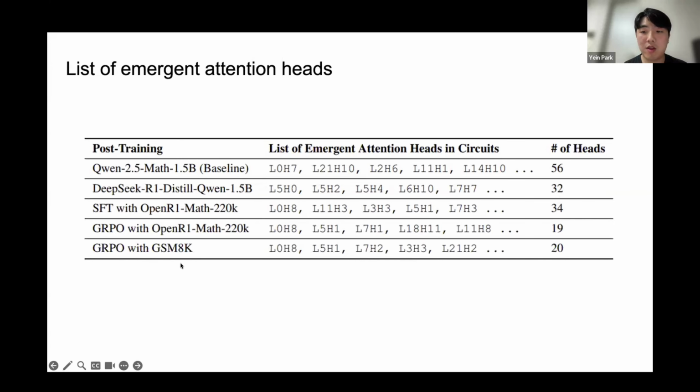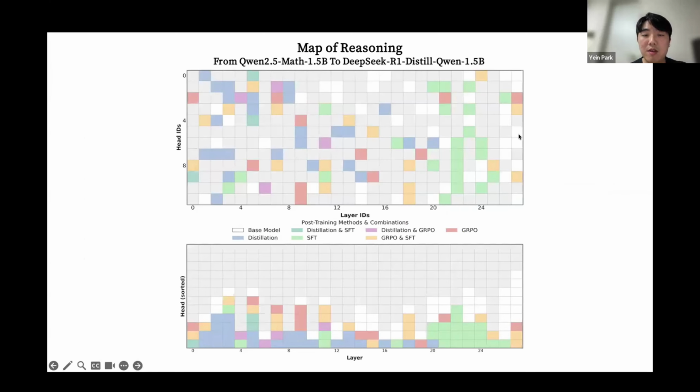Like GRPO with OpenR1 only introduced 19 heads for reasoning, and they are only shown in this kind of model-specific circuits. And we mapped it in this huge map. We named it a map of reasoning, which is mapping all the emergent heads in circuits for each different post-training.